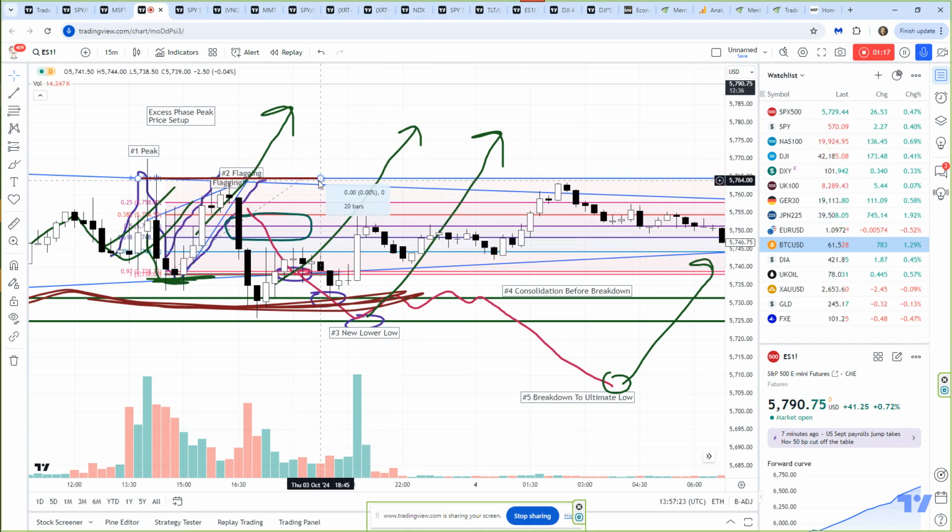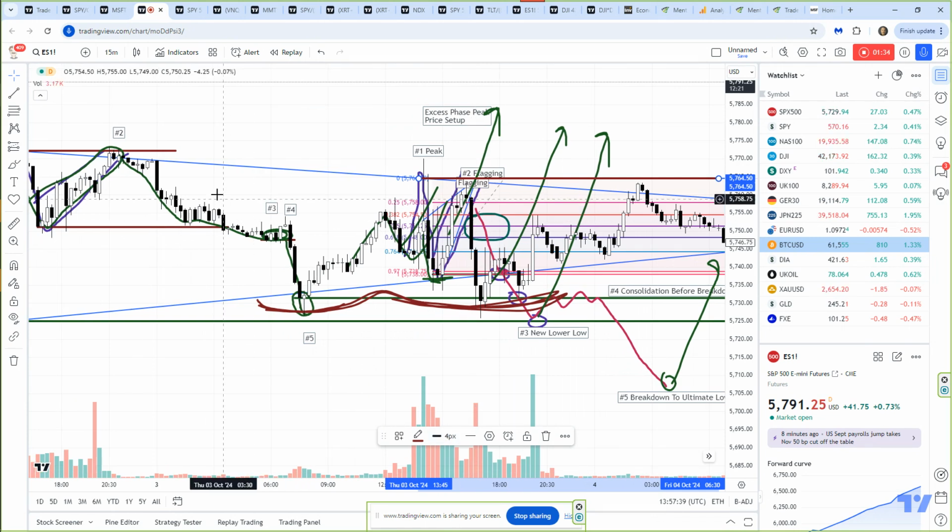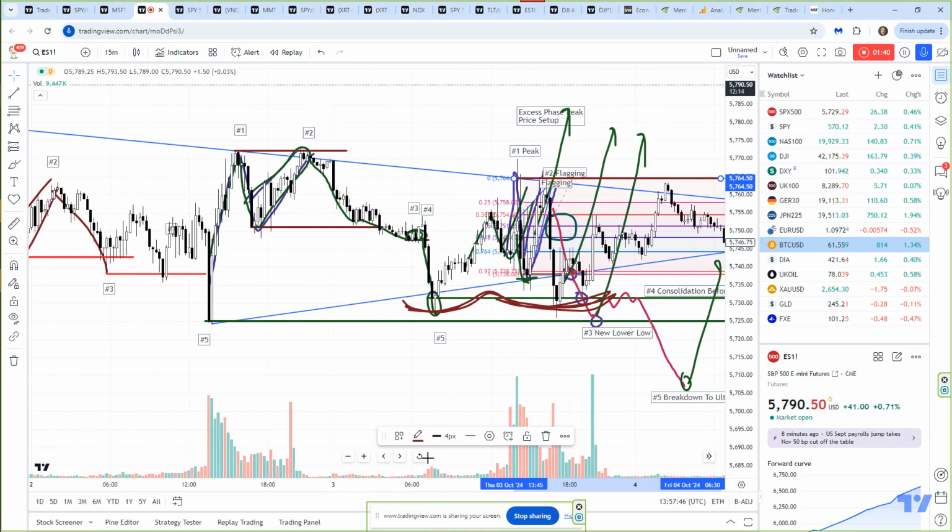So the way the excess phase peak pattern works is this high, the high set up from roughly the rolling topping formation, which I used off of these flagging channels in this case, was the ultimate high. You can see these flagging channels here going way back.